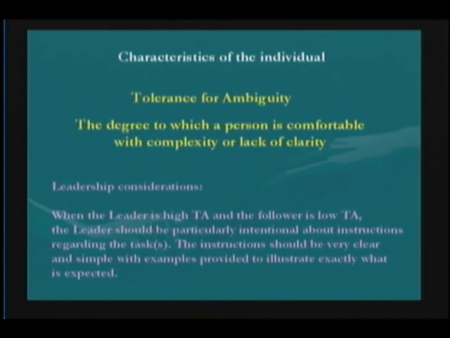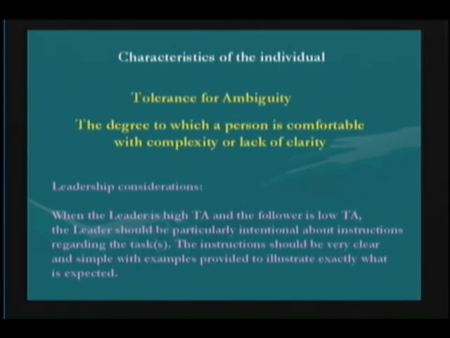The consideration of tolerance for ambiguity as it relates to leaders has to do with the way in which you can expect your follower to perform in ambiguous or unclear situations.